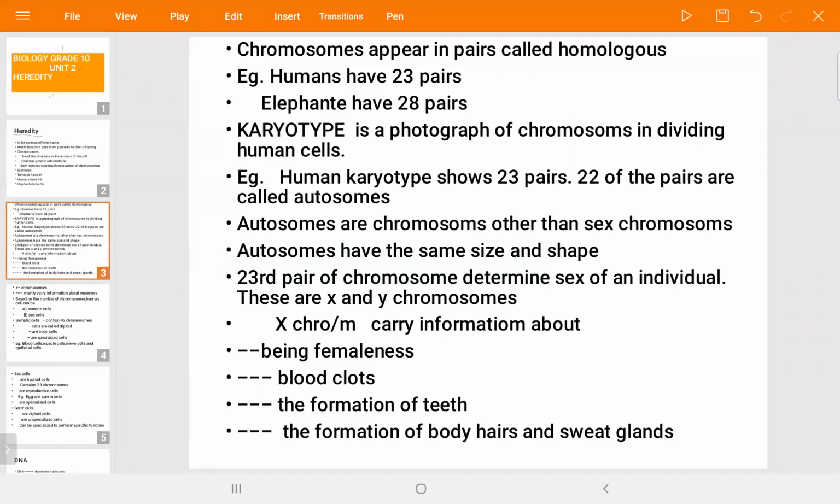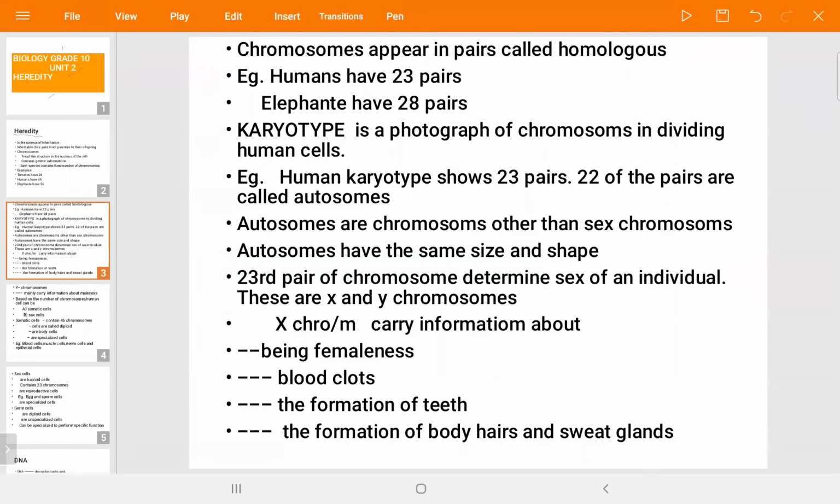We have XY chromosomes in the 23rd pair. They are not autosomal chromosomes, because they don't carry the same genetic information. They don't determine the same genetic characteristics. X determines specific characteristics, Y chromosome determines specific characteristics.